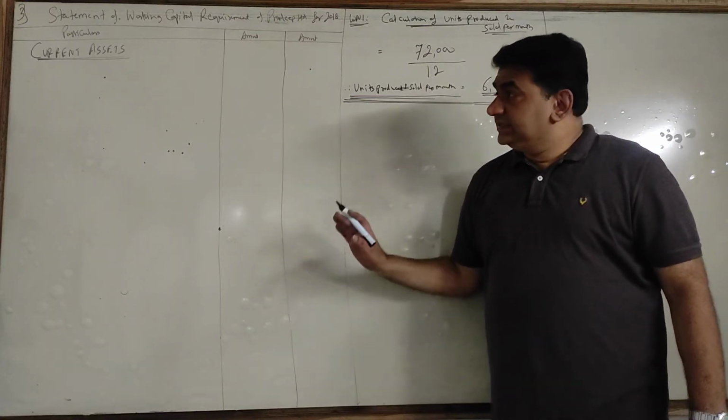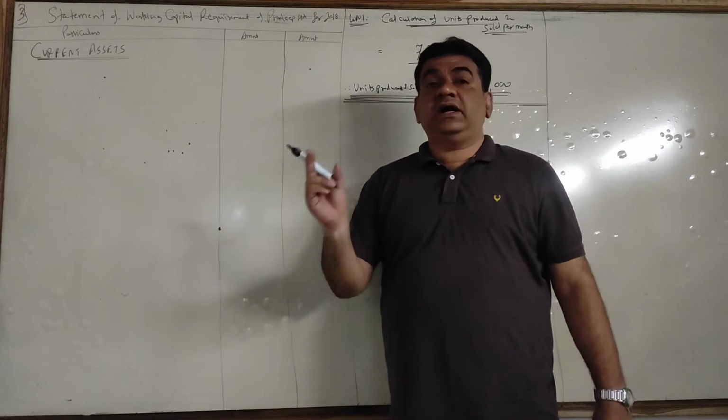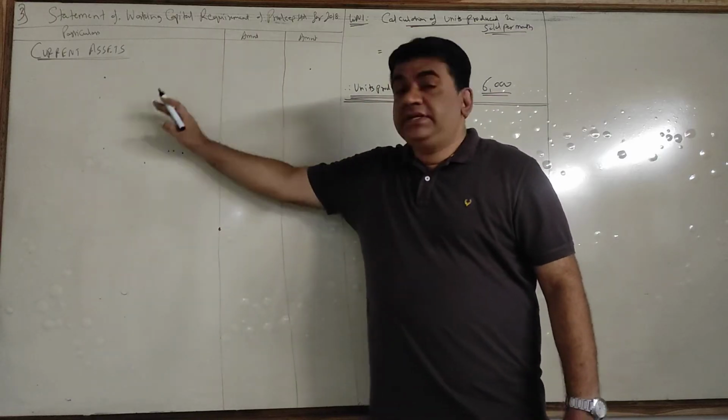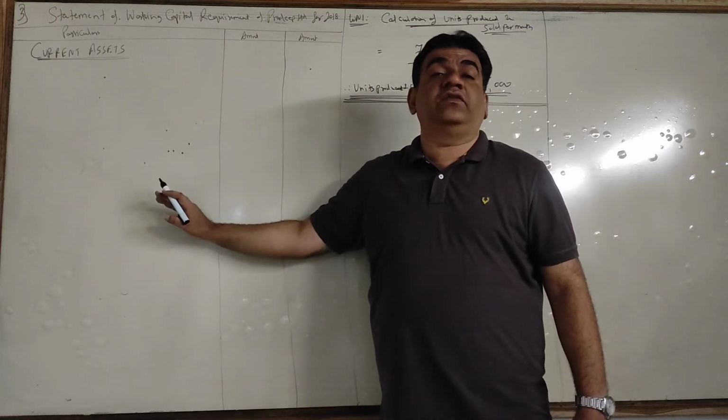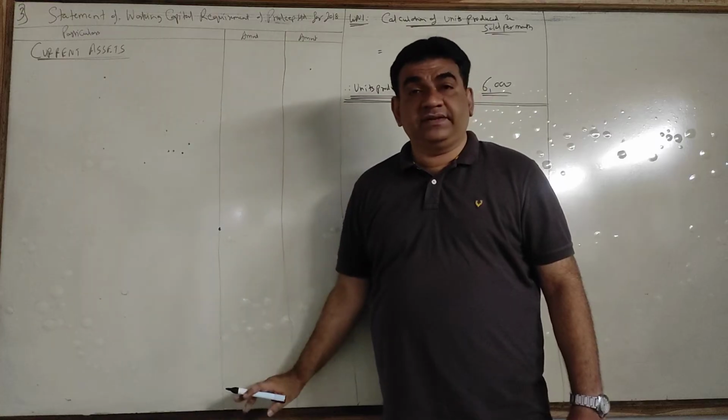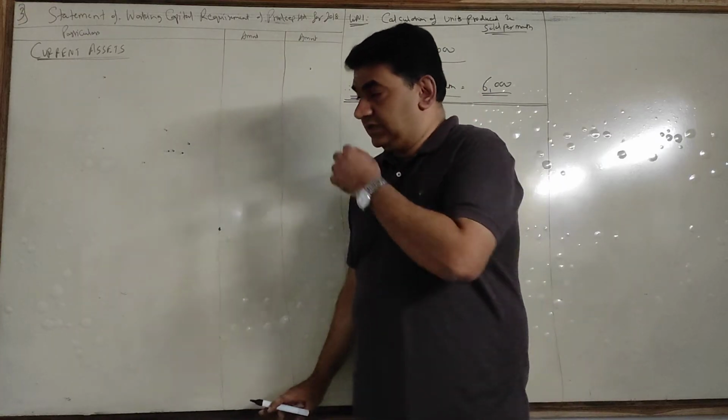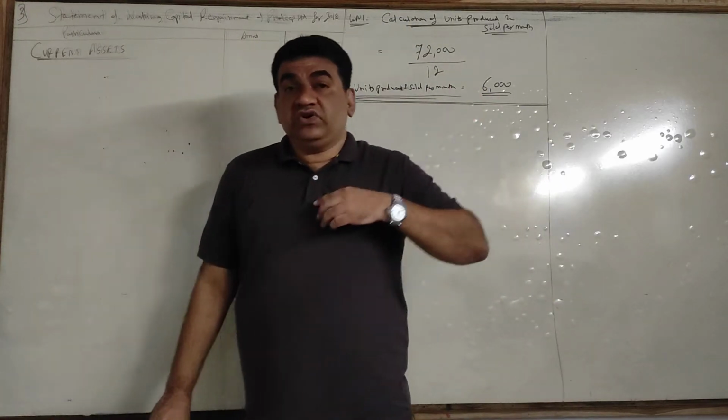Clear, guys? This 6,000 will be a common digit which will be used at the majority of places in this table. Clear?